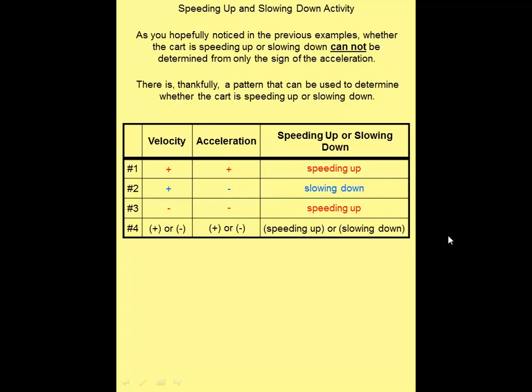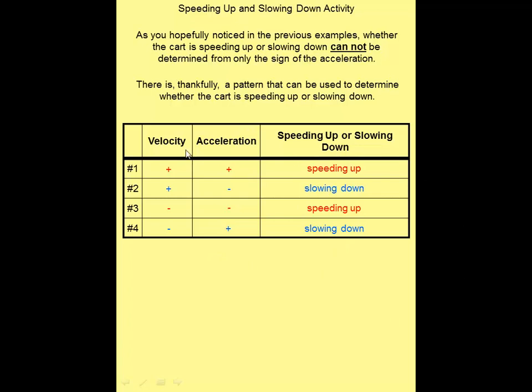And then to make things even worse, in number 4, you had a negative velocity, you were moving towards the motion detector. You ended up with a positive acceleration, and you were slowing down. So now we had a positive acceleration speeding up and a positive acceleration slowing down. So obviously you can't just look at this sign and decide whether you're speeding up or slowing down.